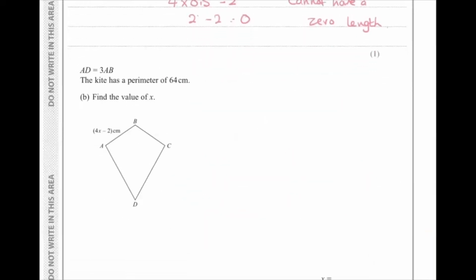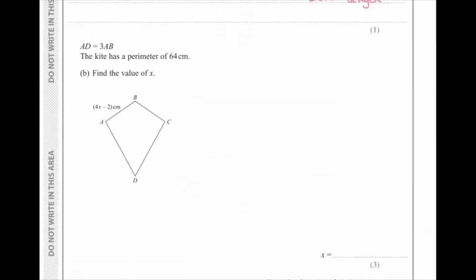So the second part is telling us that the kite has a perimeter of 64 centimeters. So I know its numerical value. It's also telling us that AD, which is here in my kite, is 3AB. So let's take that information, get it on, make it really clear, and then consider what AB is.